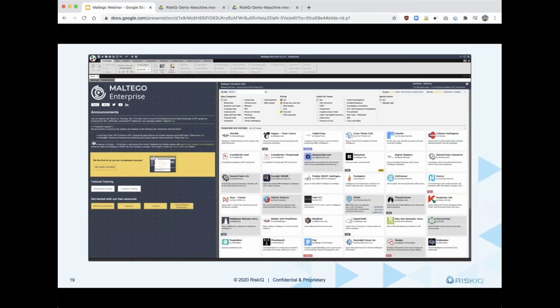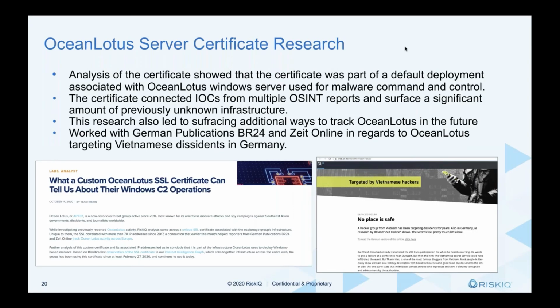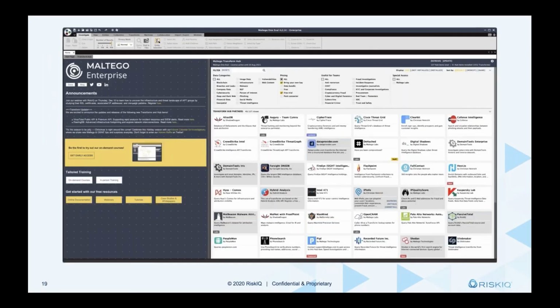So I know it's probably a lot to consume, but the power of Maltego really is, I mean, it's just great to be able to visualize the data and kind of carve it up in all different ways, as shown in that demo. Our team makes extensive use of it, and what I love about the product is, similar to PassiveTotal, it's reasonably priced.